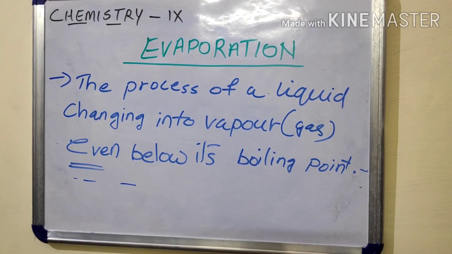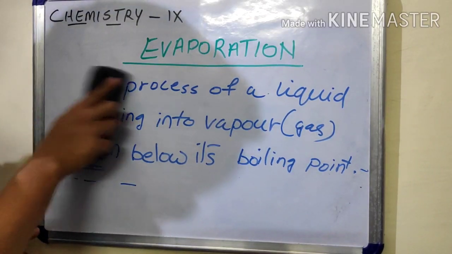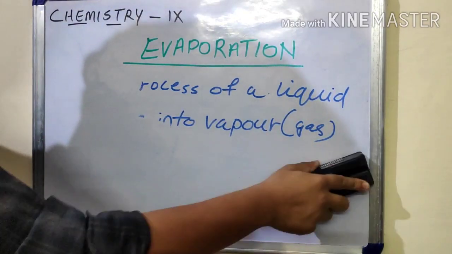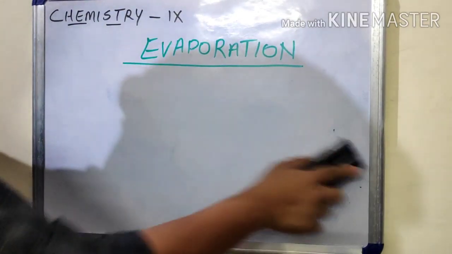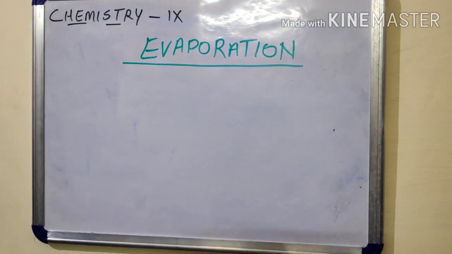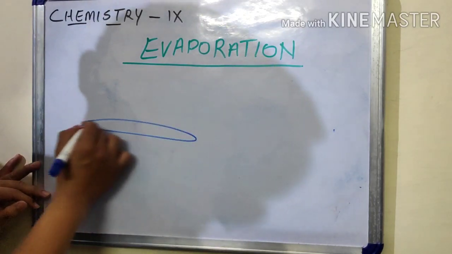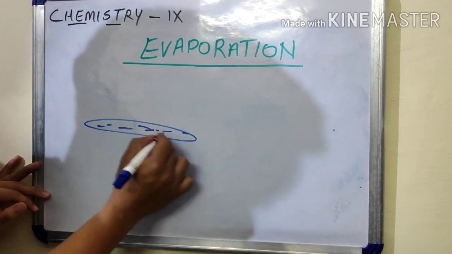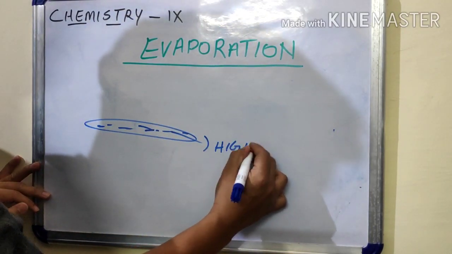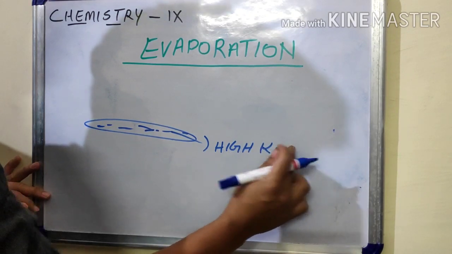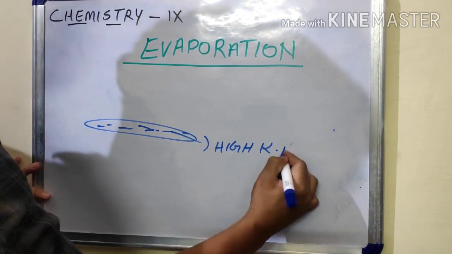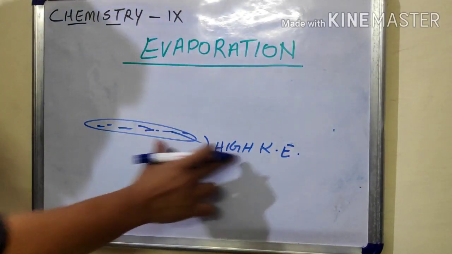So what happens in evaporation is, there are always some particles in a liquid that have high kinetic energy. I'll just write KE for kinetic energy. So they have very high kinetic energy.